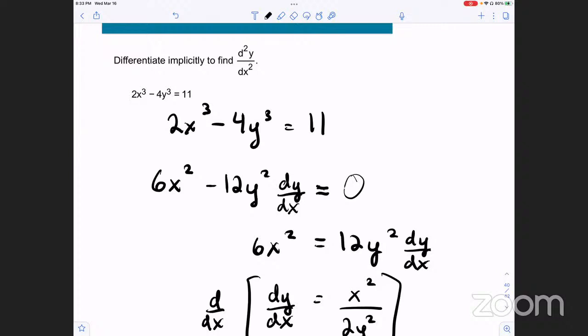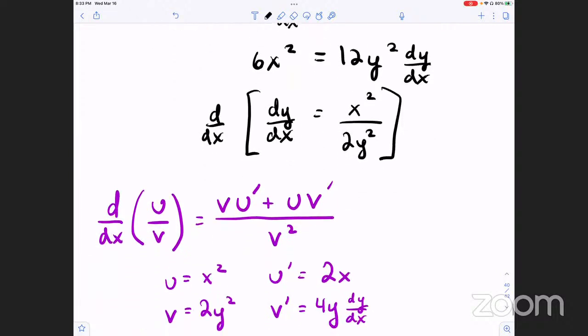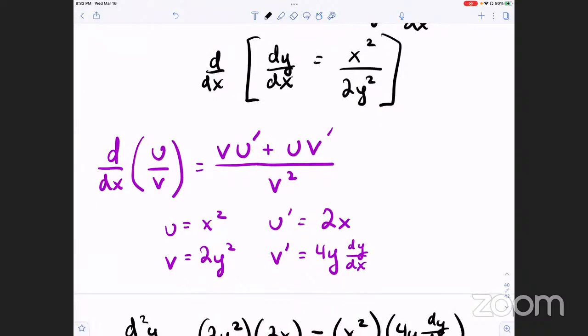You can add and divide, right? When you divide, you get 6 over 12, so that's a half. X squared on top, y squared on bottom. Okay, so I feel good with that dy by dx. Then when you take the derivative again, we're doing the quotient rule. So the bottom times the derivative of the top. Oh, duh.